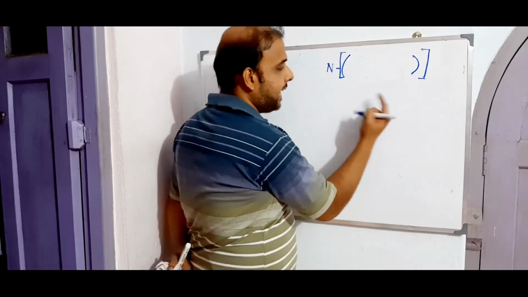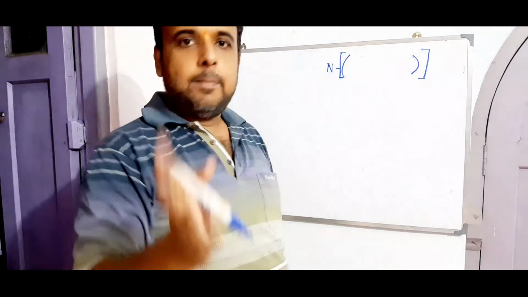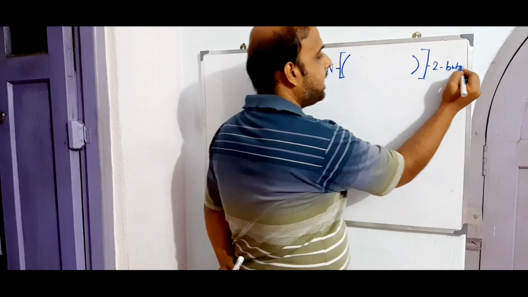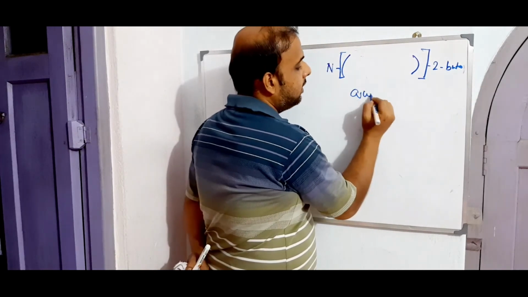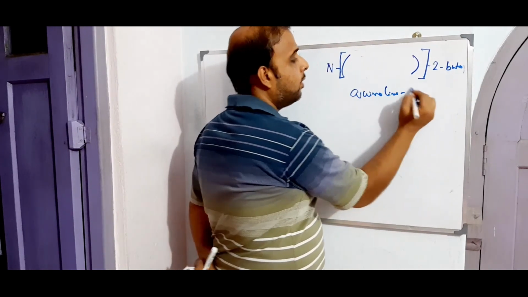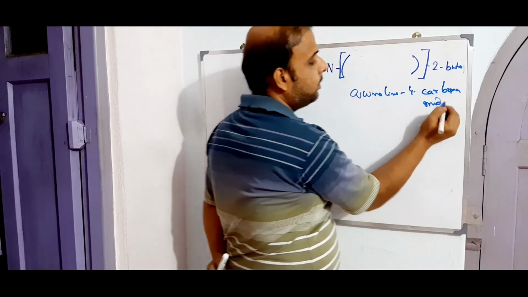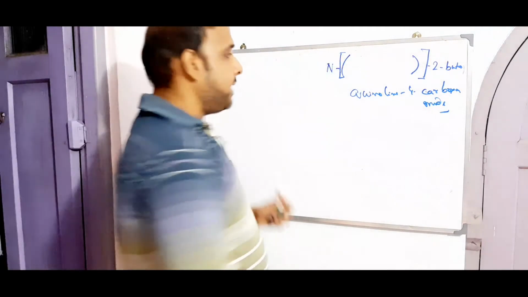Once we are done with this N, that is 2-diethyl amino ethyl, we have another substituent, 2-butoxy, and then quinoline 4 carboxamide. So this is how the IUPAC name stands.